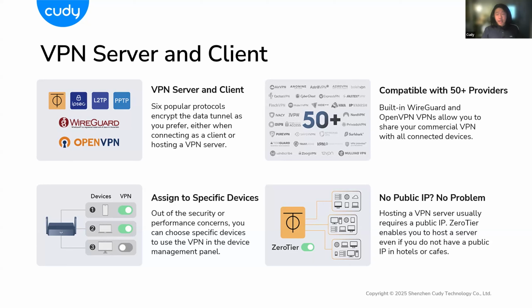They can establish a secured connection to their office network and access files very conveniently. They can also host a VPN server in their home, so next time when they're outdoors but want to access their home network, they can connect back to their home securely. We provide 6 popular protocols, so it's very convenient.